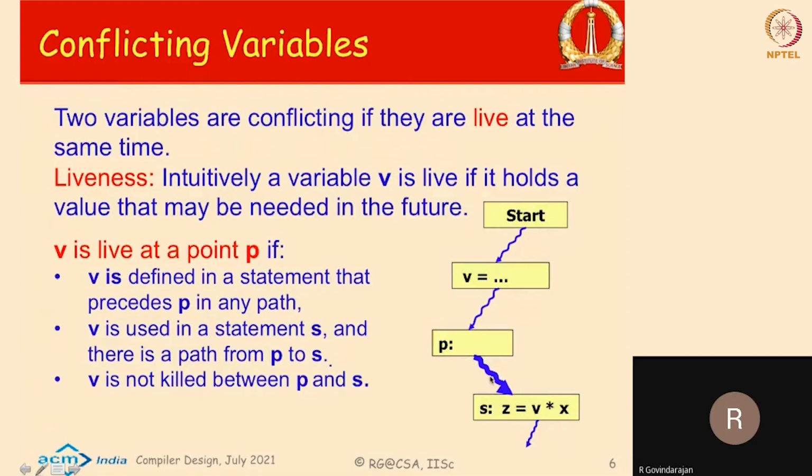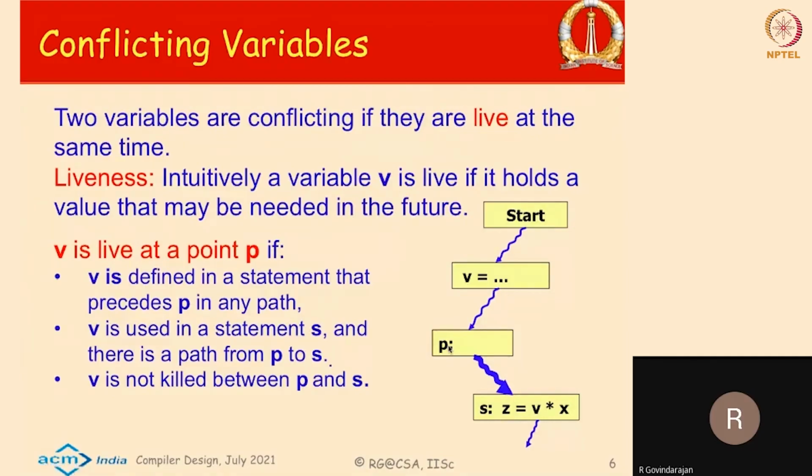Therefore, I can't discard this value. If there had been a definition somewhere here, I could say that this value of v may not be needed because I'm going to define it again later. But on all the paths from p to s, there is no definition of v. Therefore, at this particular program point p, the variable v is live.